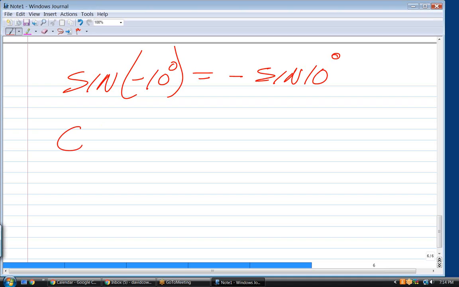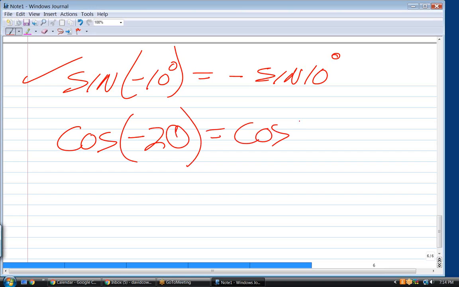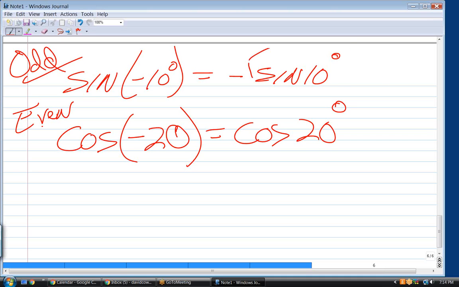If I had the cosine of minus 20 degrees, that's actually equal to the cosine of 20 degrees, not minus the cosine of 20 degrees. That's a property of odd functions, and that's a property of even functions. Notice I've gotten rid of the negative angle in both problems. This is now a positive angle. Whatever I get for that, I'm going to put the negative sign there, but I don't have to worry about a negative angle. So every negative angle can be treated this way.